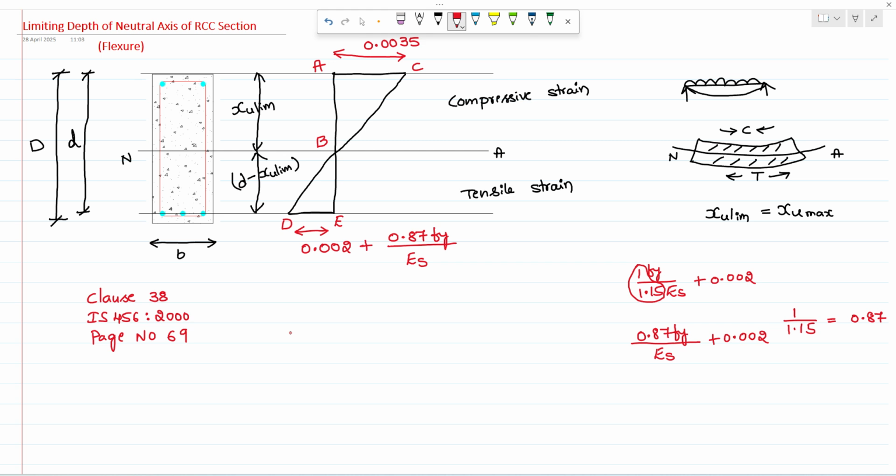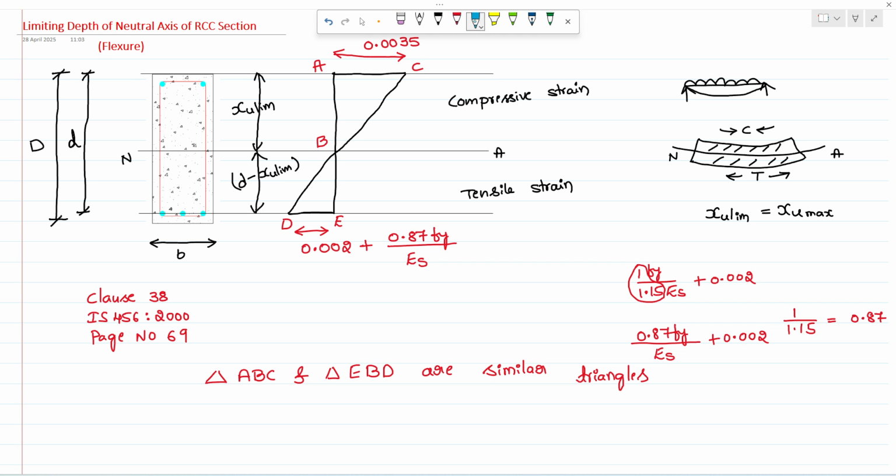So if you observe these two triangles, triangle ABC and triangle EBD, they are similar triangles.